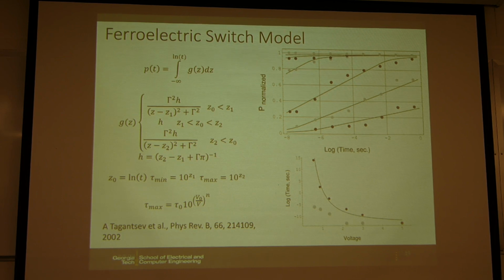And these values are voltage dependent. As you can see here, this model fits the experimental data better than the previous one. This plot shows tau min and tau max and how they are fitted by this relationship here.